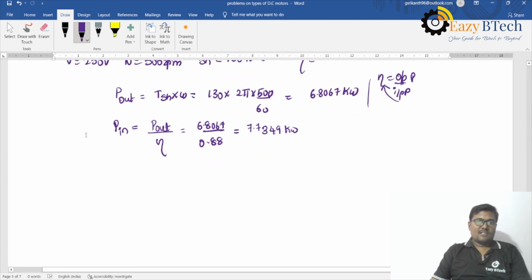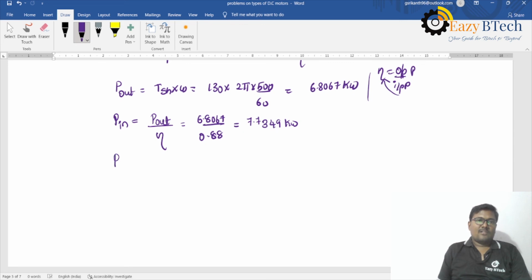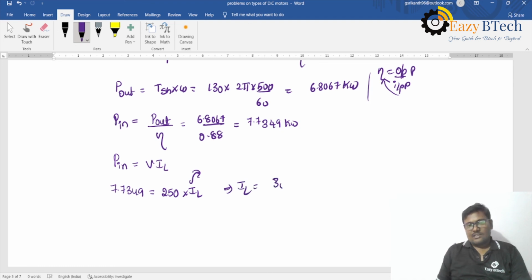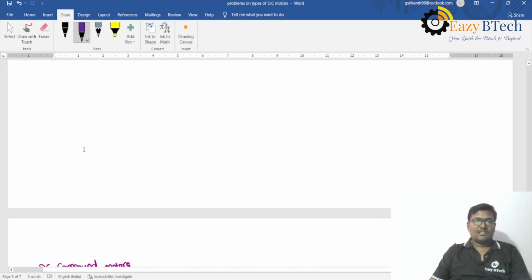From this, power input is equal to V into IL. 7.7349 is equal to the supply voltage, 250, into line current. So that is our question. By using a calculator, you can get it as 30.94 amps.